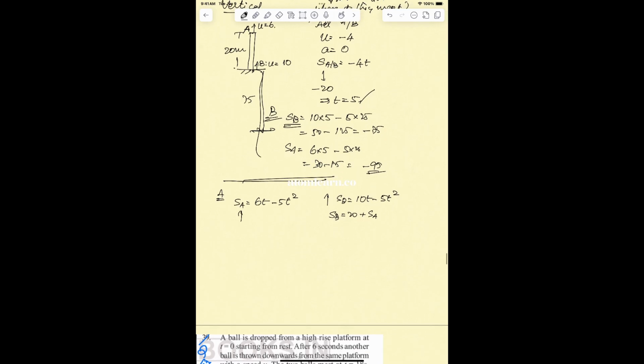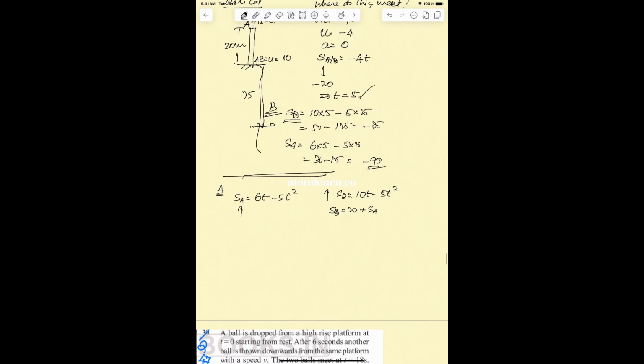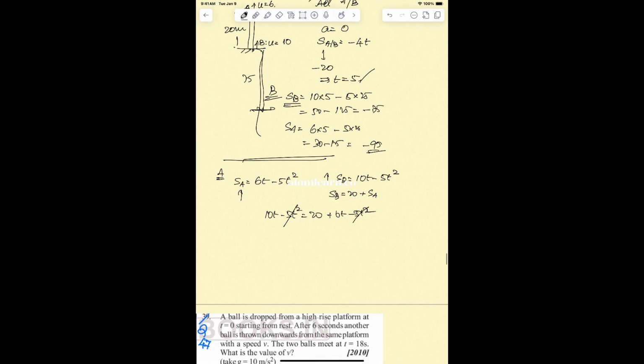Therefore SB should travel 20 more upwards than SA. So we have this equation: 10t minus 5t squared should be 20 more than 6t minus 5t squared. Naturally, the 5t squared gets cancelled off. That means 4t equal to 20, or t is equal to 5.